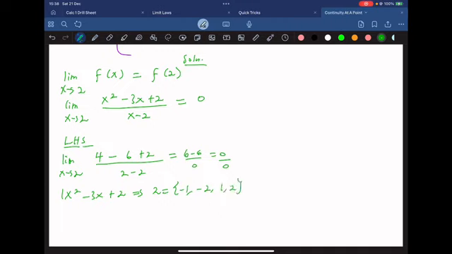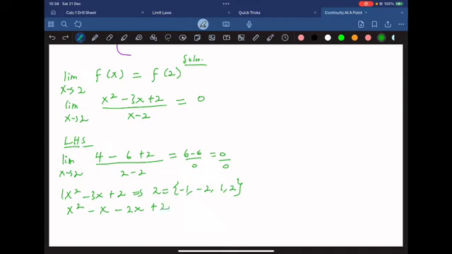Now which two numbers can we pick that if we add, we have -3, but if we multiply, we have 2. So in that case, we can pick -1 and -2. Note, if we add them we have -3x, and if we multiply them, we have +2. So that works.